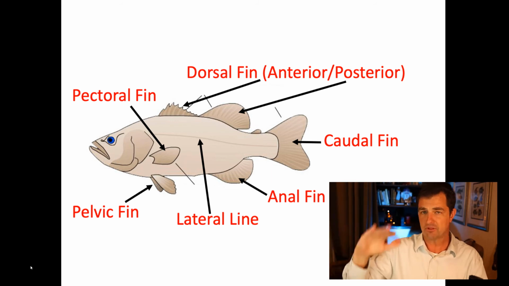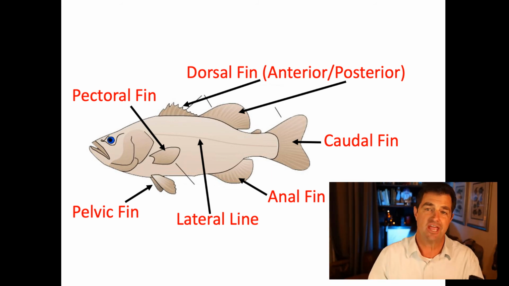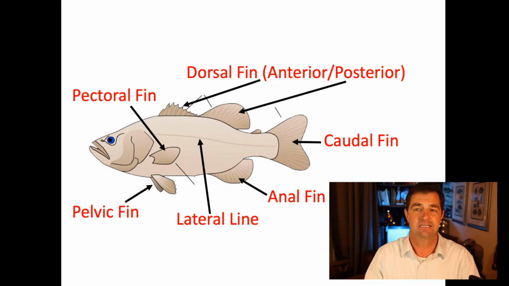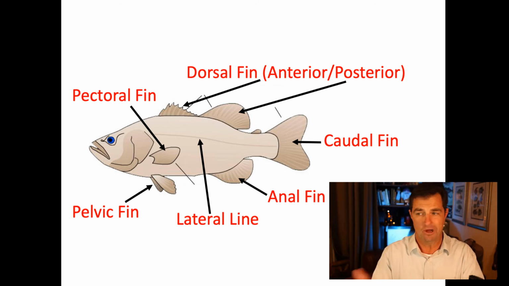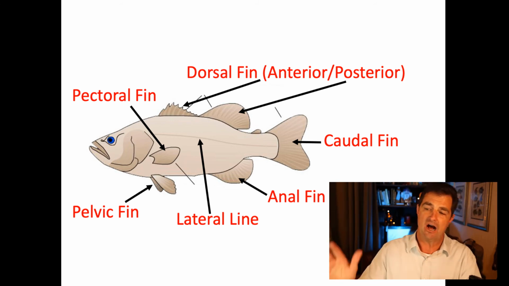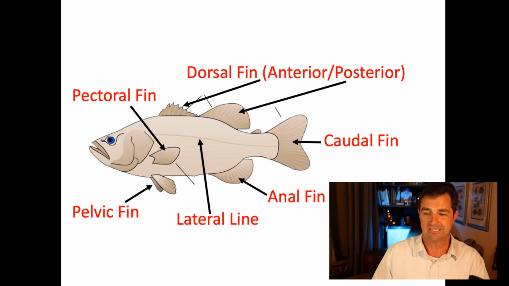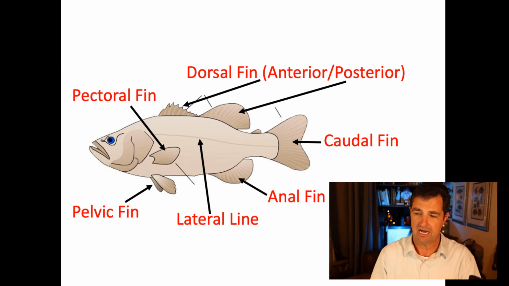On the top or the back of the fish, they have a dorsal fin, and many fish have two. When they have two, they call one an anterior, which means it's closer to the head, and a posterior one, which means it's further from the head. The caudal fin is in the back.